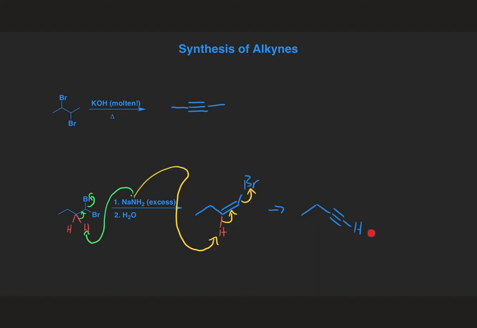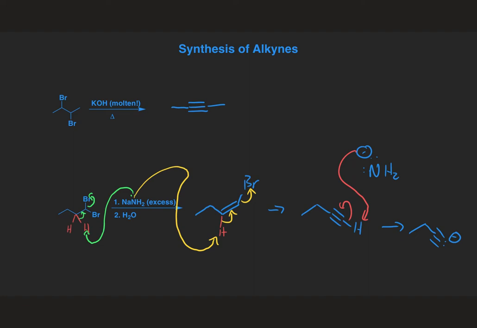And so as soon as this guy is formed, another amide can come in and deprotonate that to form this acetylide. And that's where this reaction is going to stop in step one.